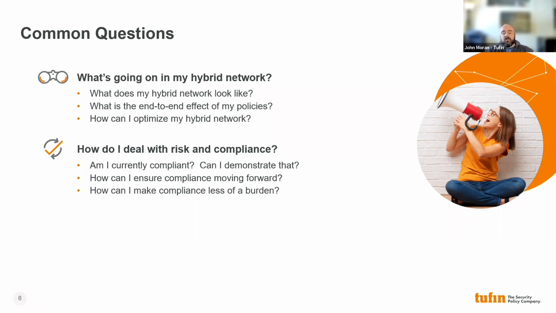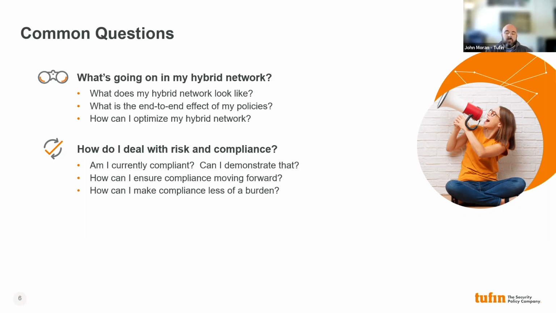Again, going back to what we're hoping to achieve, why are people moving to the hybrid cloud? It's about speed, it's about agility, and oftentimes you see speed and agility and security and compliance as polar opposites, right? And our customers are coming to us saying, how can we make this less of a burden?